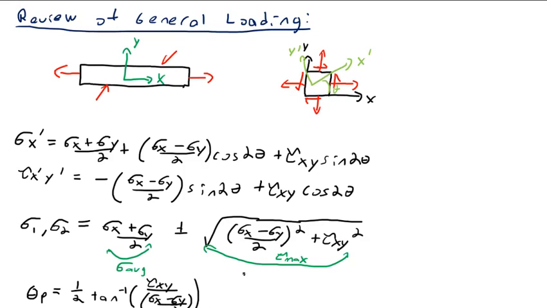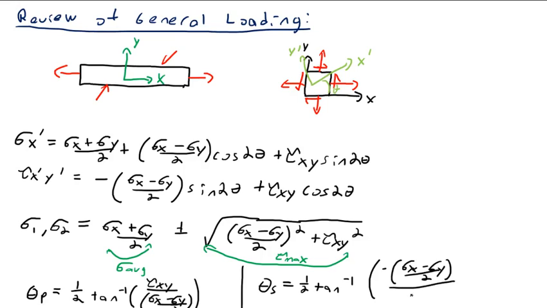And also the angle of maximum shear stress is going to be 1/2 the inverse tangent of negative sigma x minus sigma y over 2, all of this over tau xy, as shown.